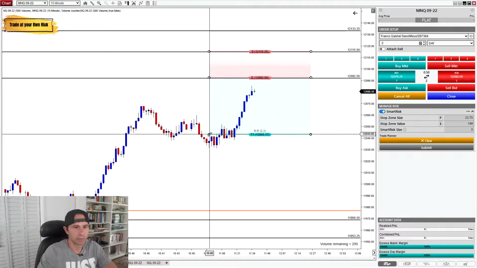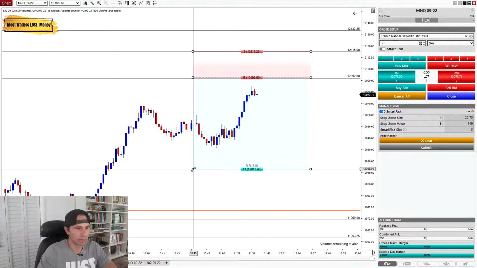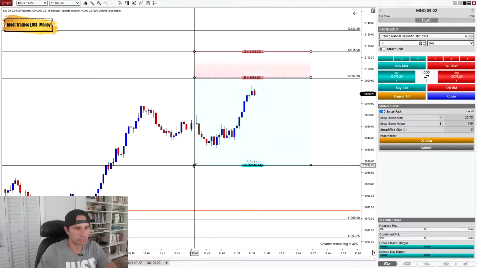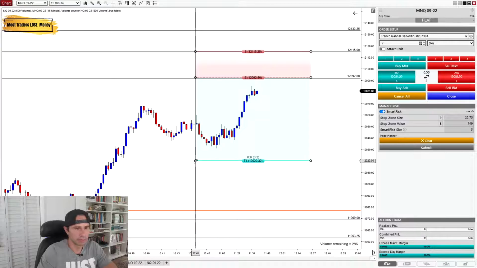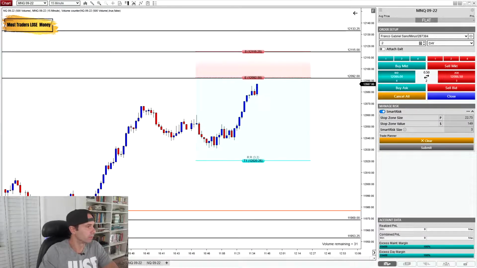But I want to see the risk and reward ratio right here. So it needs to come down to, yeah, here is 3.5. The 7 minute is right in the middle.